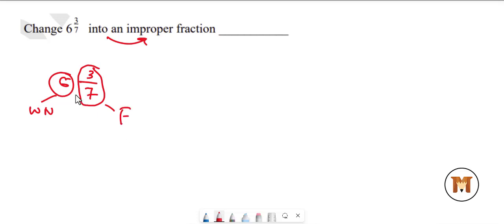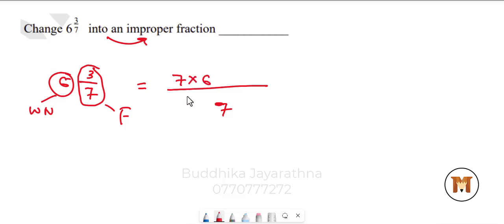If you have this kind of question, it's really easy. You write the denominator the same. The denominator is 7. Now you multiply the same denominator with the whole number.